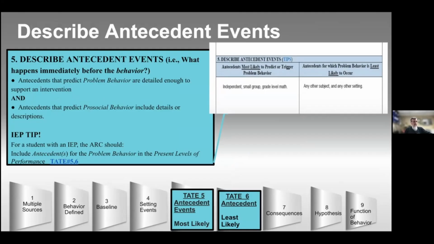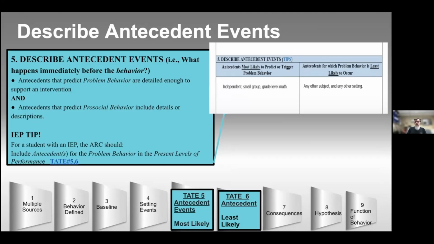What are some antecedents that you can think of that are most likely to trigger or cause a behavior to be used? And then think about, okay, in what setting is this behavior least likely to occur?